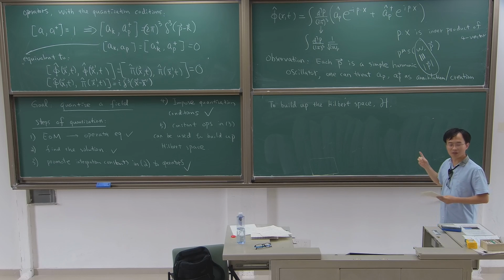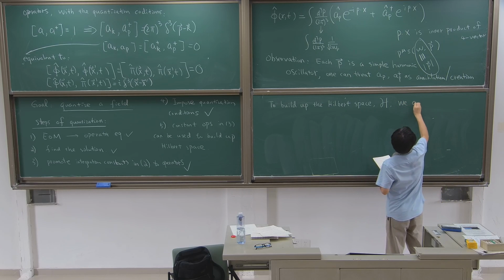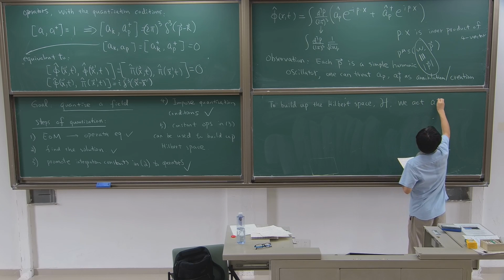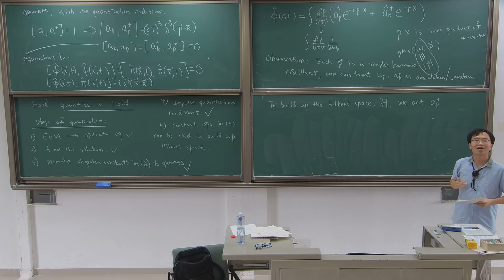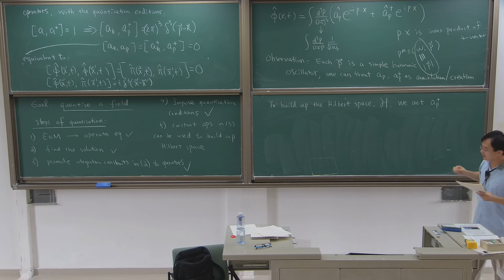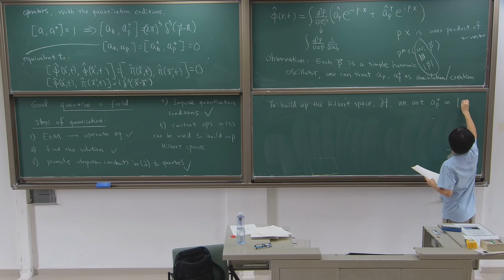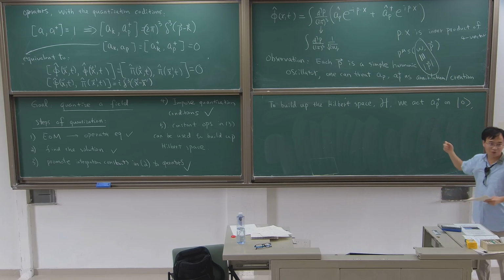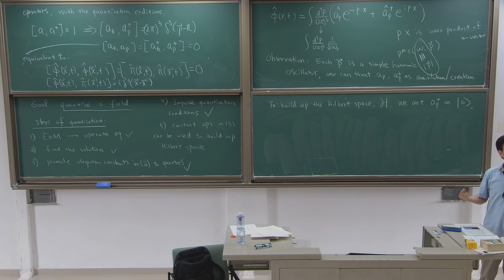Again, as we did for harmonic oscillators, we act with A_p dagger on the vacuum. Of course, you have to first define your vacuum. Vacuum is defined by the state annihilated by all the A_p, for all the p. Because p can change, p is the index. So your vacuum has to be annihilated by all the A_p for different p.